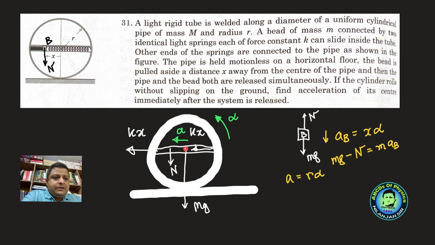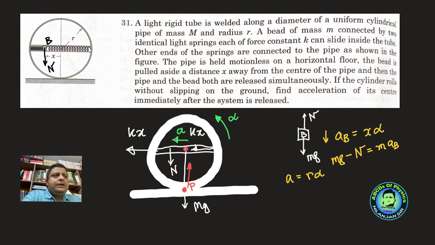So we can apply torque equation from the bottommost point P, because the bottommost point P, generally if it has some angular speed, has an acceleration upward towards the center.